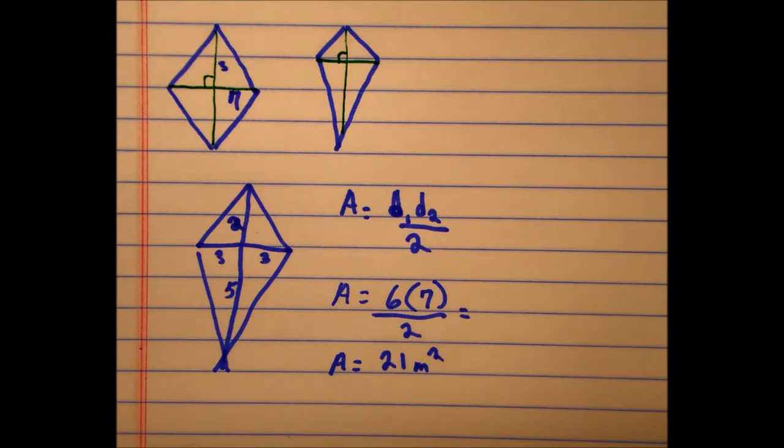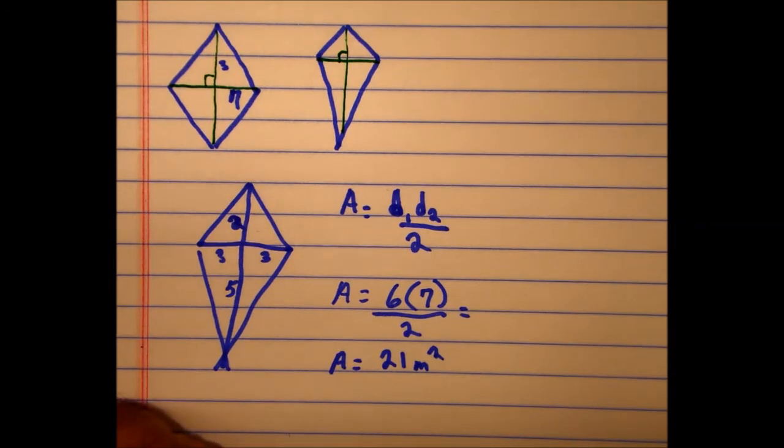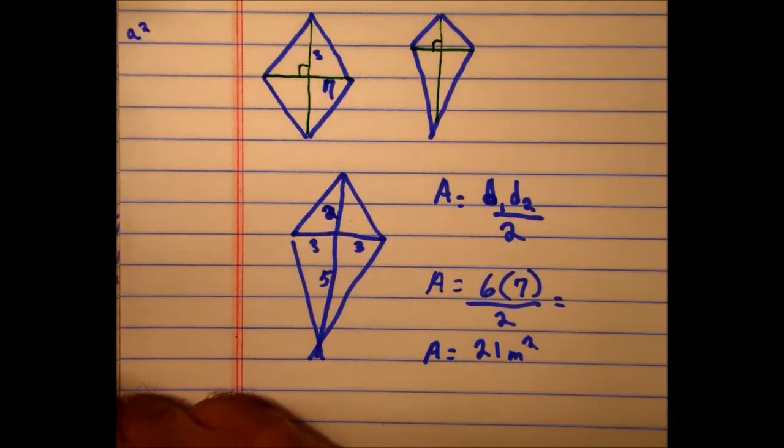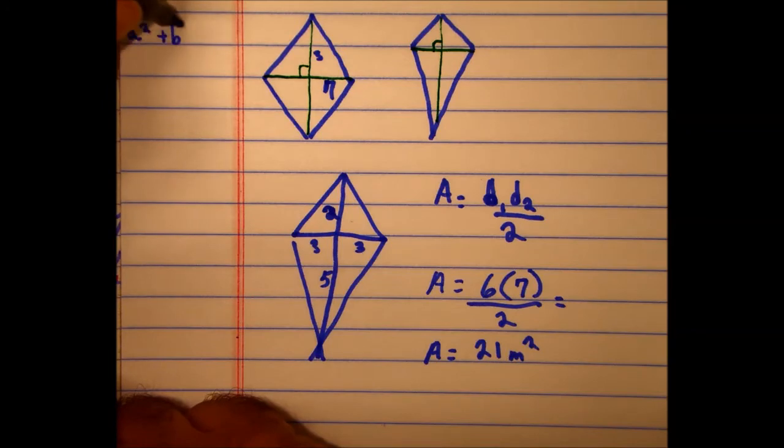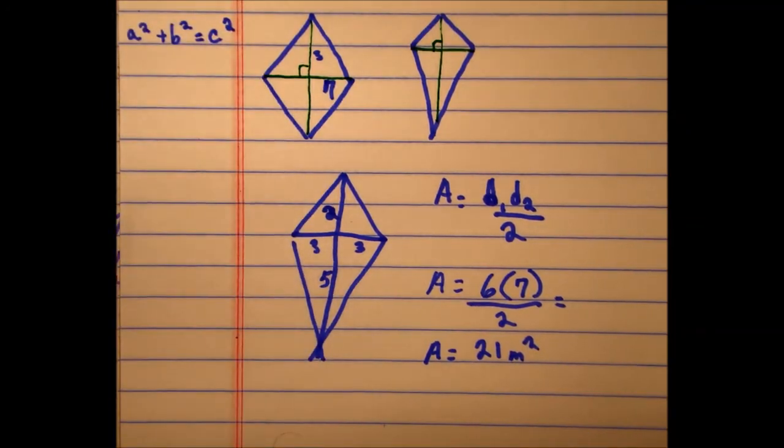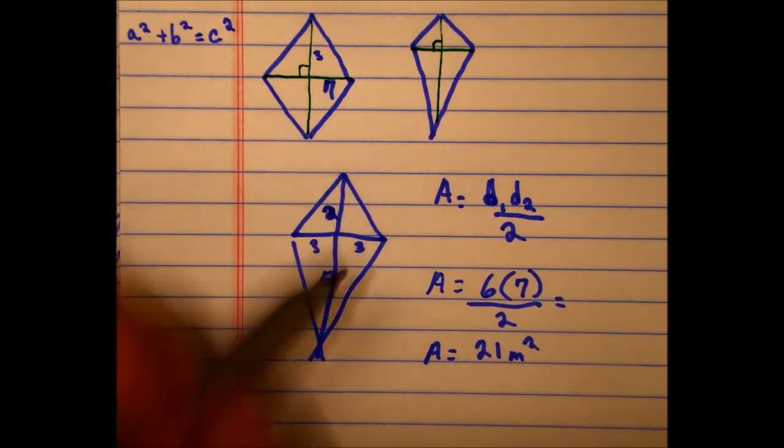Okay, now what would happen if they gave me the outside pieces? Well, you may even have to use a squared plus b squared equals c squared, and you can find a missing piece. So let's say they gave you this shape and then all of a sudden they don't want the area. They say find the perimeter.